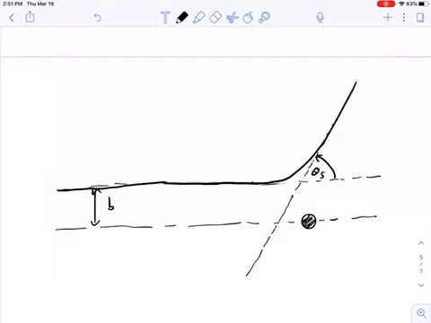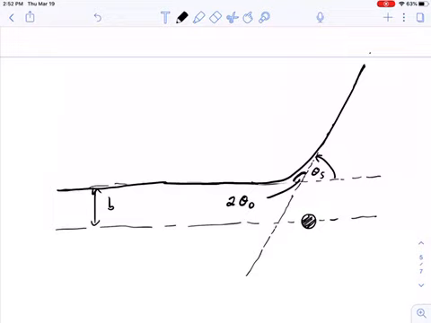And now this angle here is 2 times theta naught, because when we set R equal to infinity, then what we're finding is the angle between horizontal and a line that goes out to where the particle ends up when it's an infinite distance away.